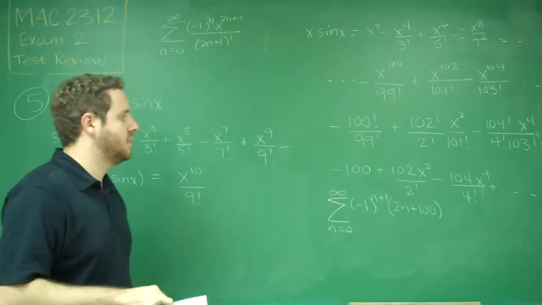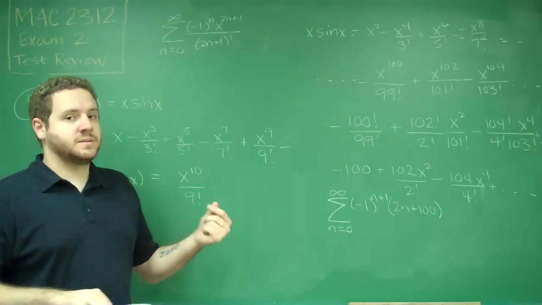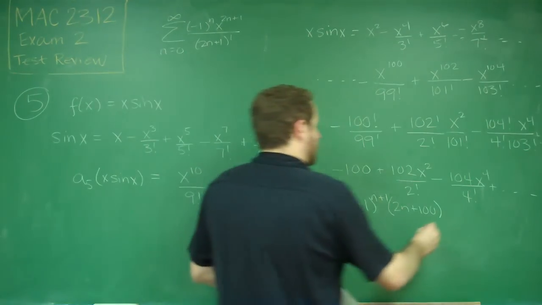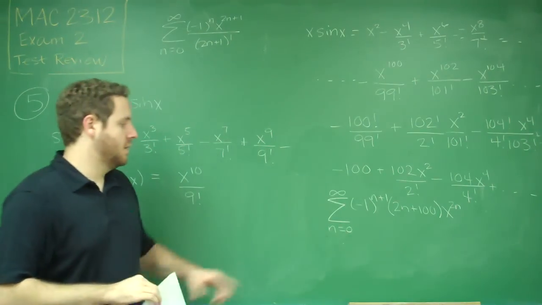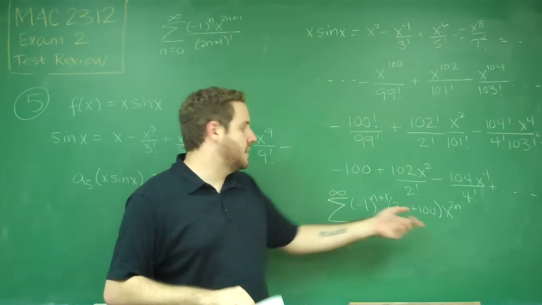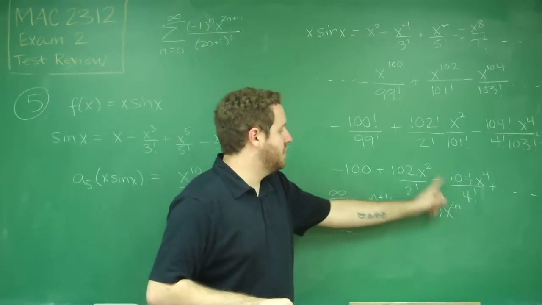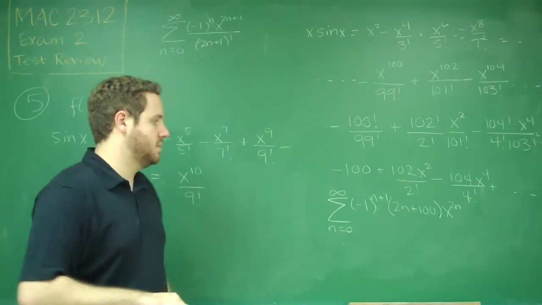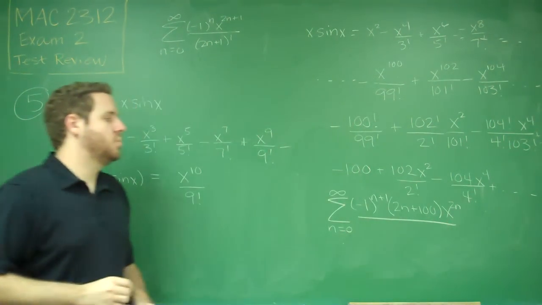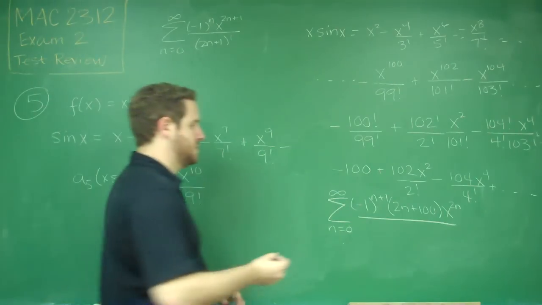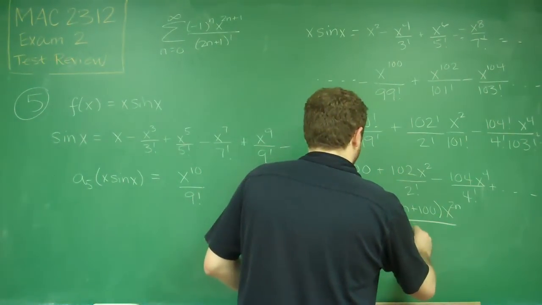On and on. We have powers of x that are going up by 2 every time, starting with 0. So we have x to the 2n. When n equals 0, we don't have any. When n equals 1, the next term, we have 2, we have 4. Good? And finally, we need even-numbered factorials, starting with 0.